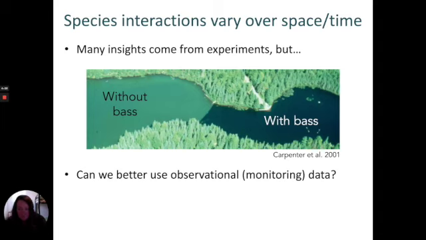There's been some attempt at this, and most of the work has been looking at the change in two adjacent trophic levels, their abundance through time. If they're positively correlated, that's been taken as a signal of the system being bottom-up controlled.